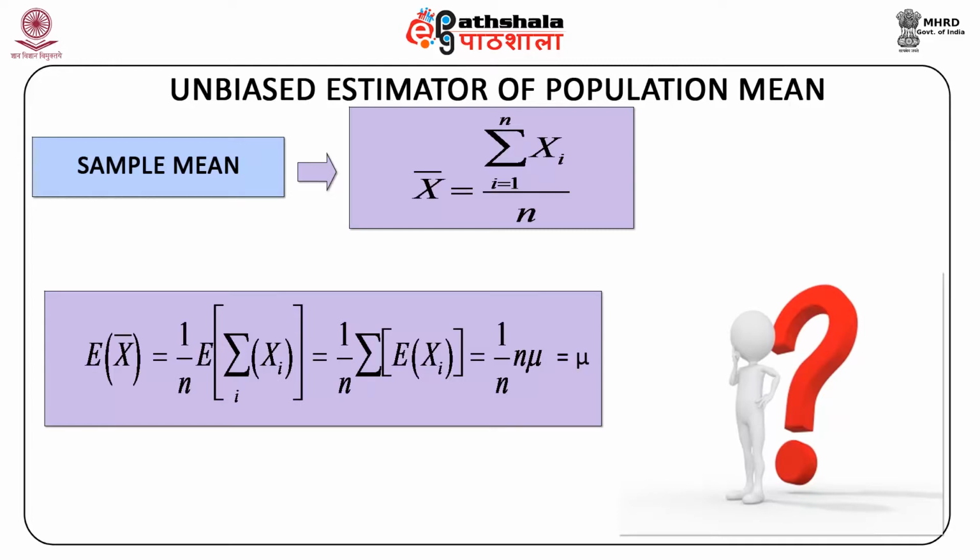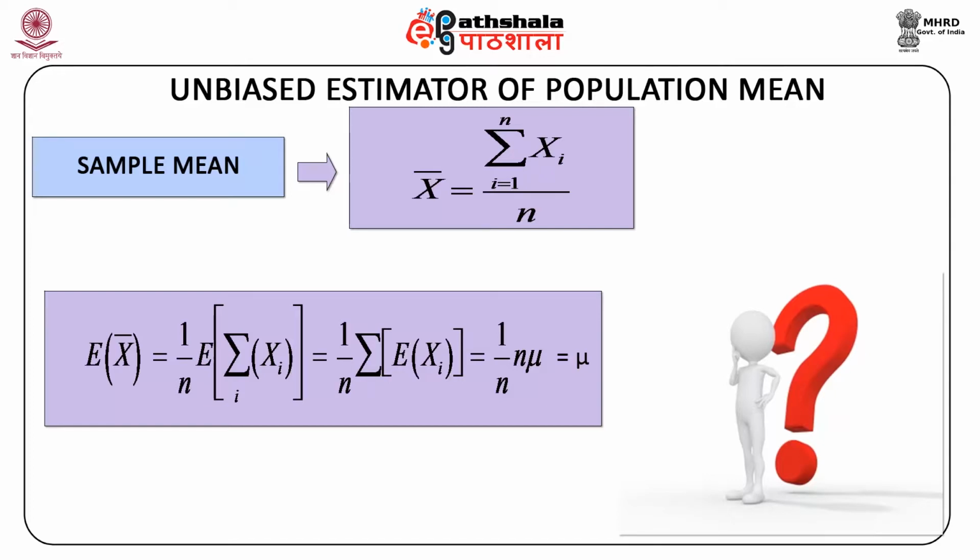This is equal to 1 by n into sigma of expected value of xi. This comes out to be equal to 1 by n into n mu, because expected value of each xi is equal to mu, and therefore is simplified as equal to mu.